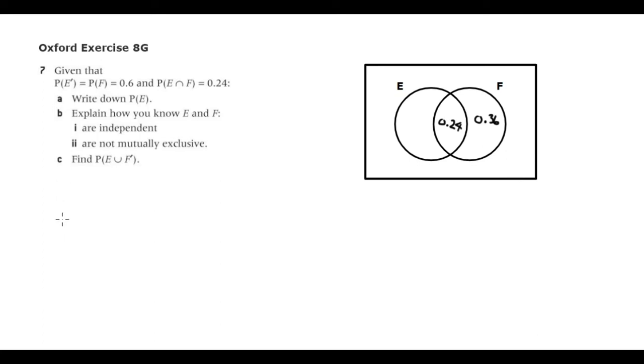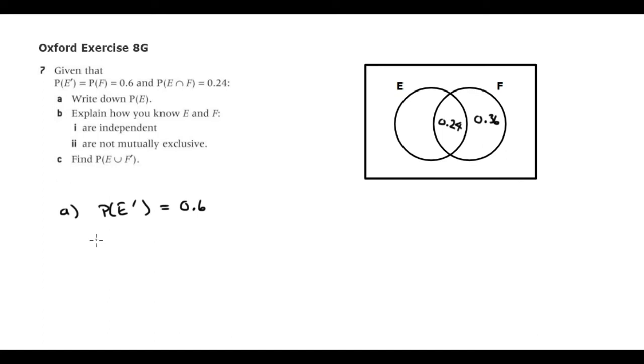And now for part A, we need actually to figure this out before we can complete our Venn diagram. So we were also told that the complement of E was 0.6. So that means all these probabilities outside of the E circle is 0.6. So that would mean that the probability of inside the E circle has to be 0.4.